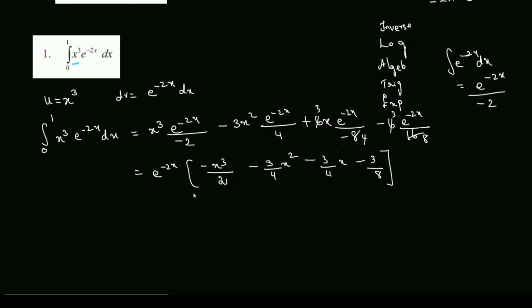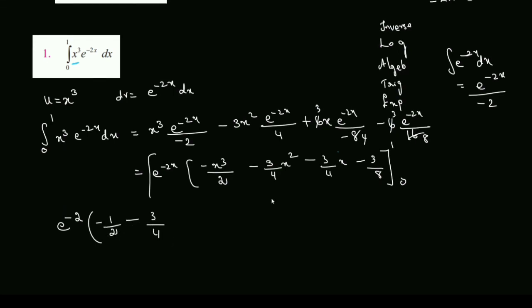You have to apply the limits, 0 to 1. First apply the upper limit: e power minus 2, and put 1 wherever you have x. So minus 1 by 2 minus 3 by 4 minus 3 by 4 minus 3 by 8. This is the upper limit.